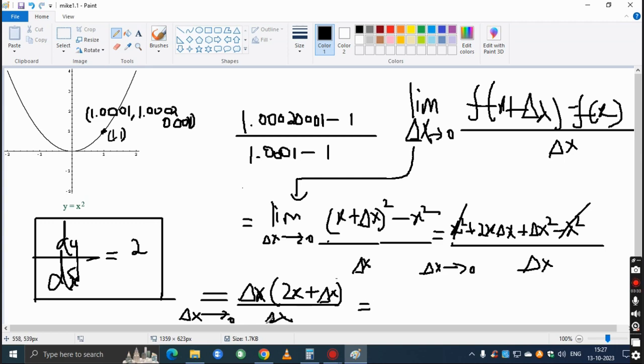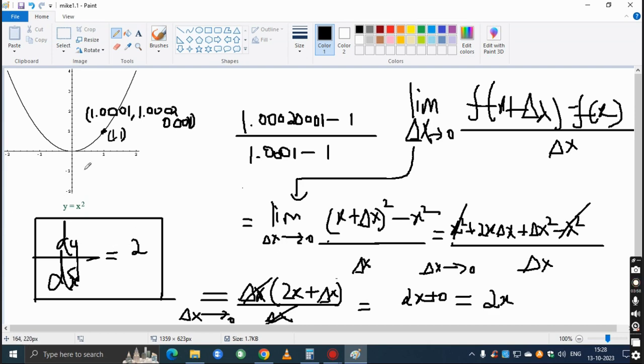Now I can cancel these delta x's, and I'll have limit delta x tending to 0, 2x plus delta x, which is just 2x plus 0, because delta x is tending to 0, right? And this is nothing but 2x.